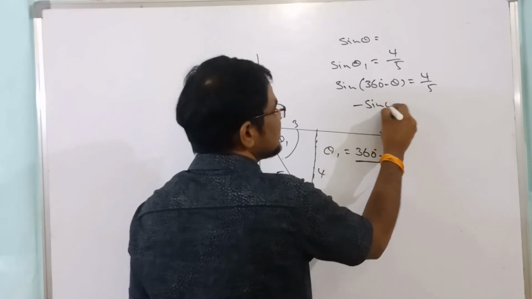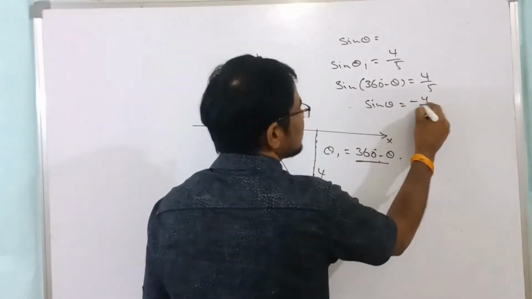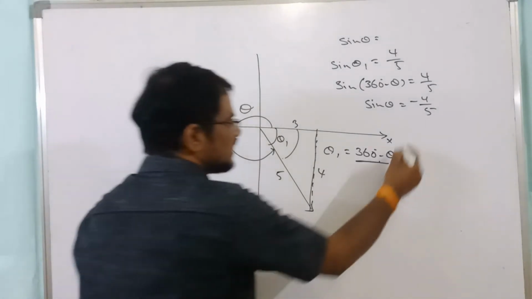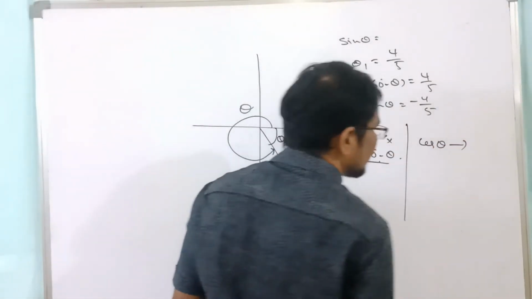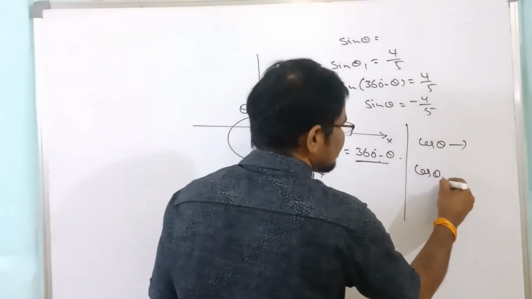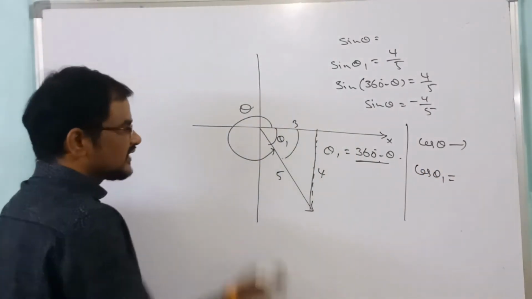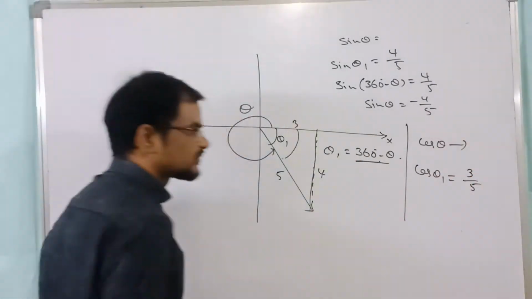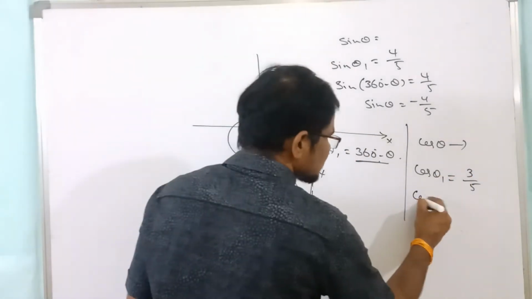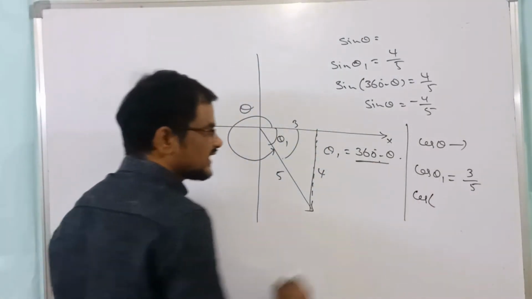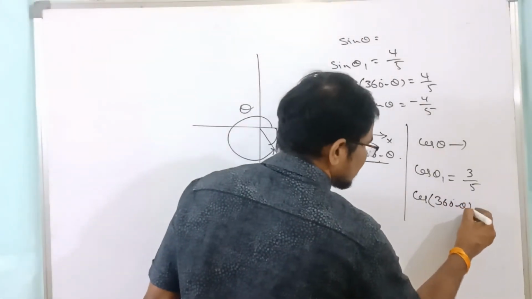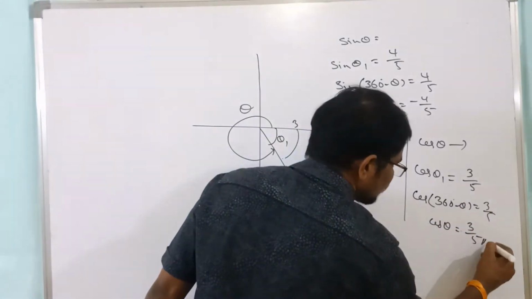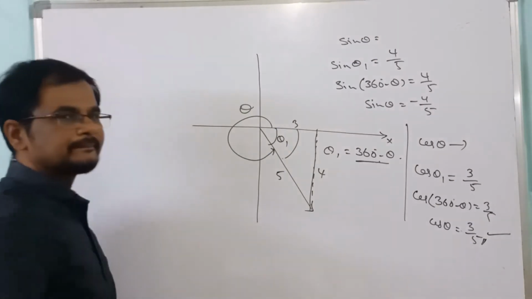In the fourth quadrant sin is negative, so sin theta equals minus 4 by 5. Similarly, for cos theta, first we find cos theta 1. For this theta 1, the adjacent side is 3, hypotenuse is 5. Cos of theta 1, that is 360 minus theta; in the fourth quadrant cos is positive, so cos theta equals a positive value.